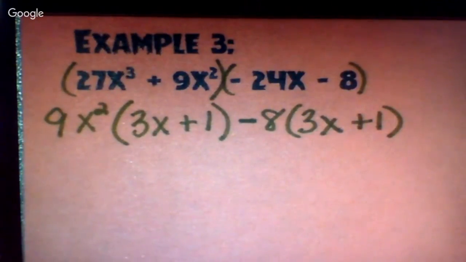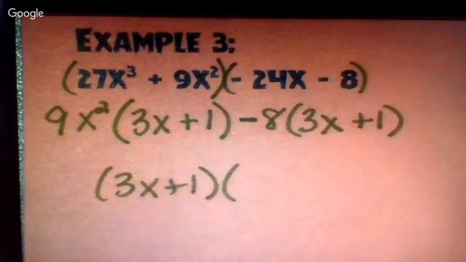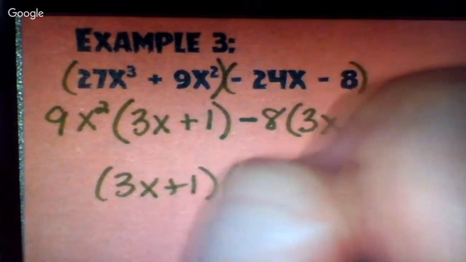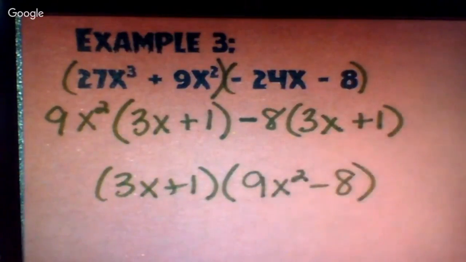My first binomial is 3x plus 1, and the second one is 9x squared minus 8. Fantastic. You guys are experts already.